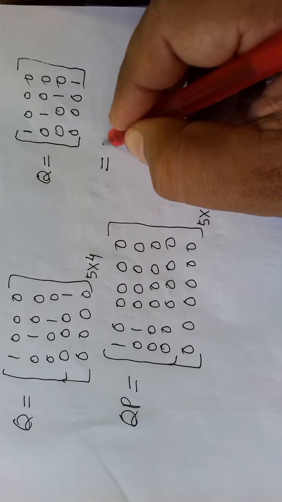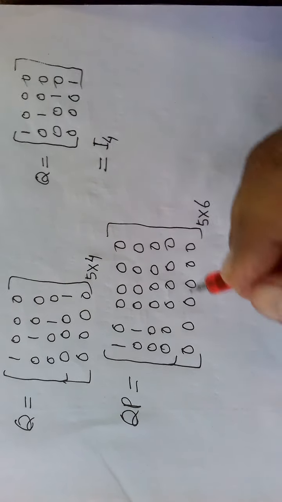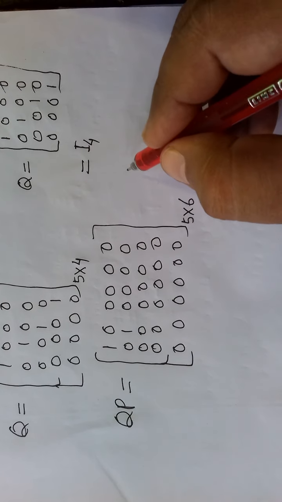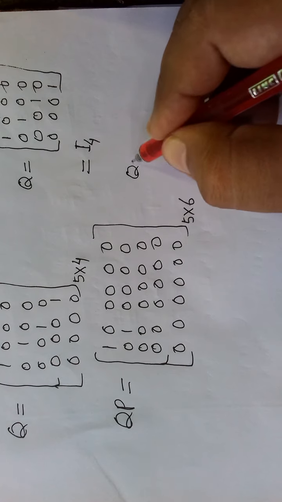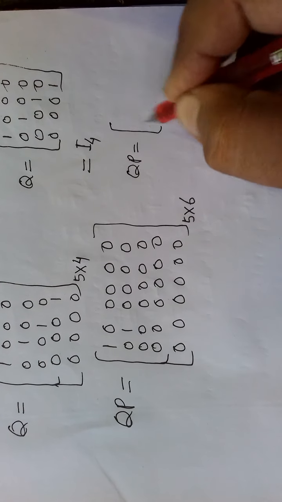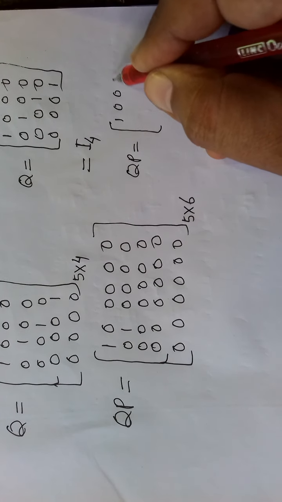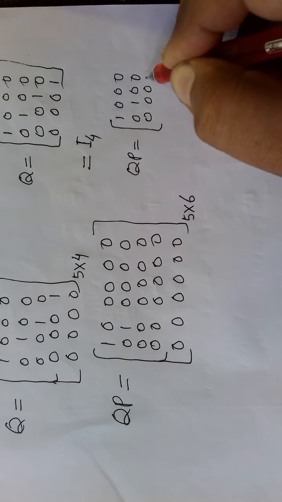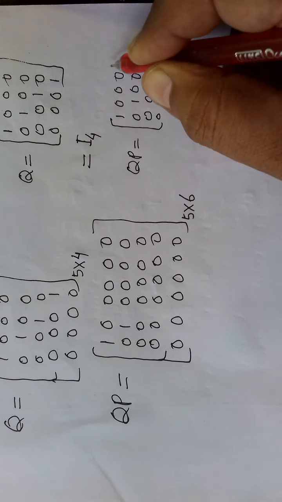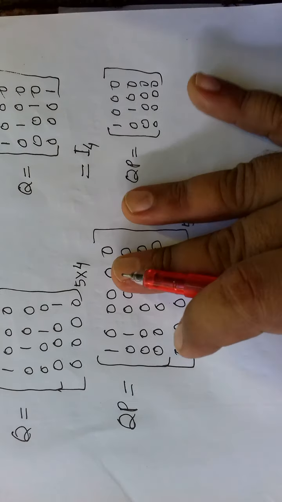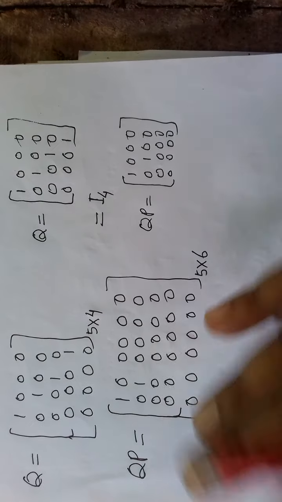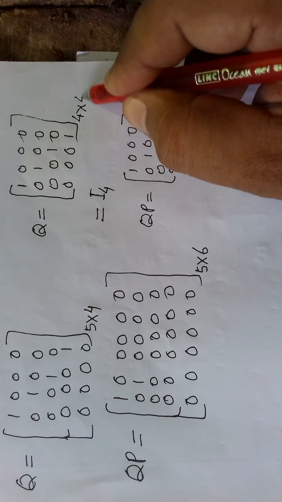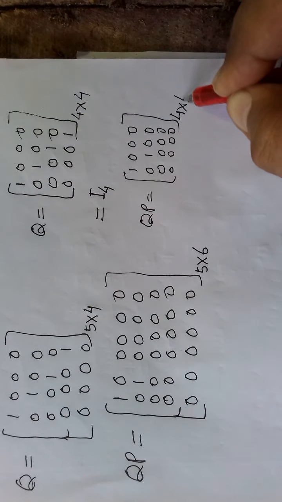You see this is I4, and this matrix can be written as QP, 1 0 0 0 0 1 0 0 0 0 0 0 0 0 0 0. Now I have written it in this way because these two have the same size.